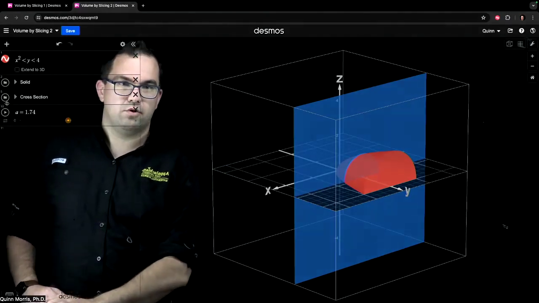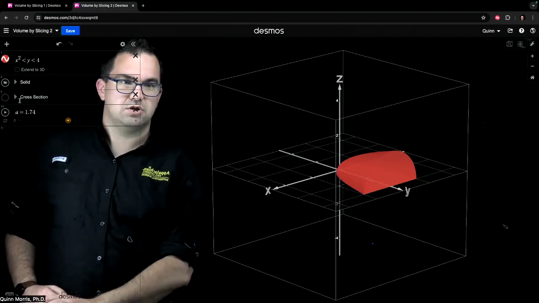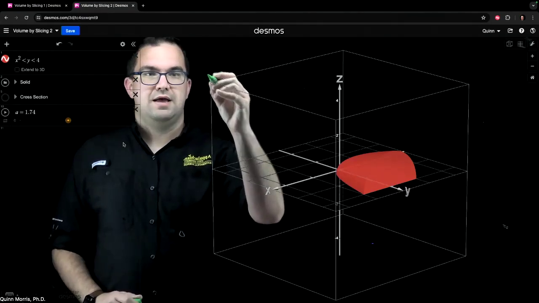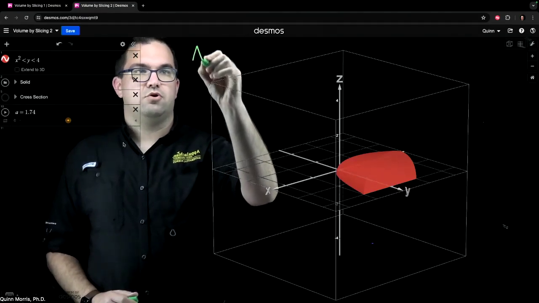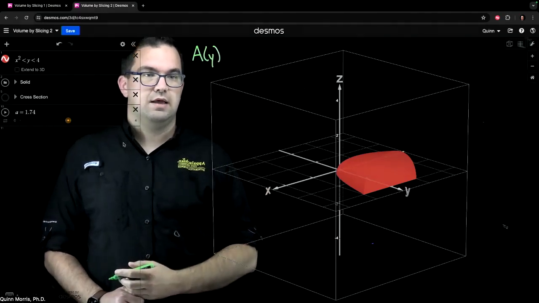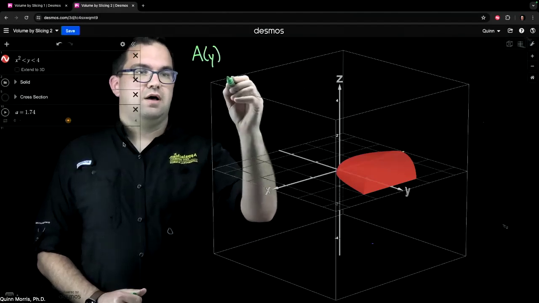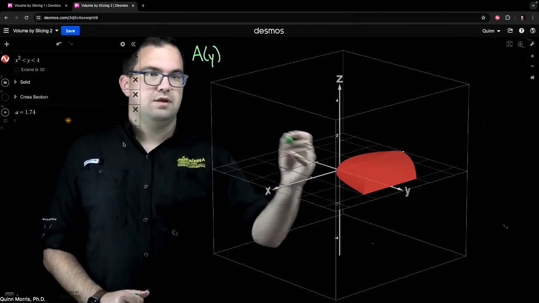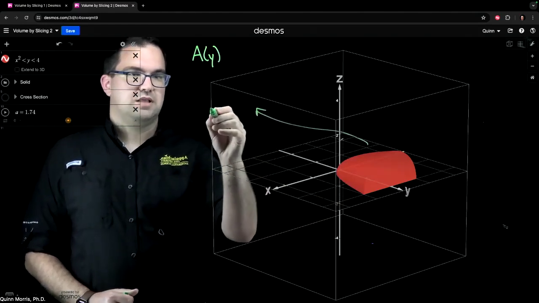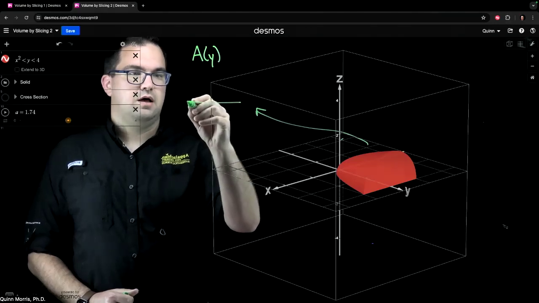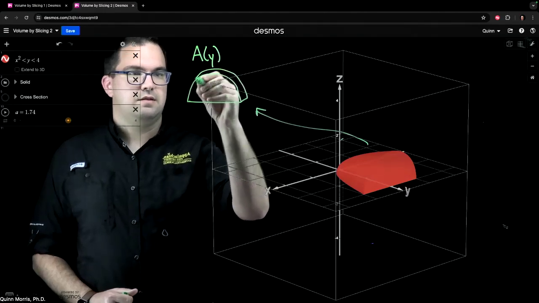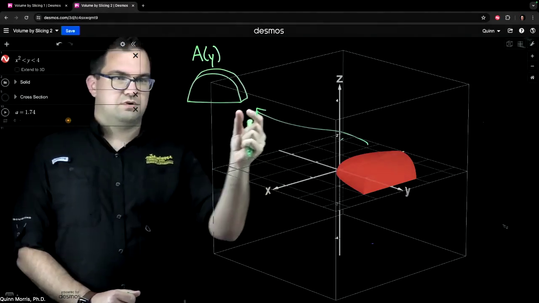To see this in a little more detail, let's turn this off for a moment. Again, you want to imagine that you can find the cross-sectional area. In this case, that would be A of y. If you think of a slice here, if I come in and take a slice out of this, each of my slices is going to look something like a semicircle, but we thicken it a bit.